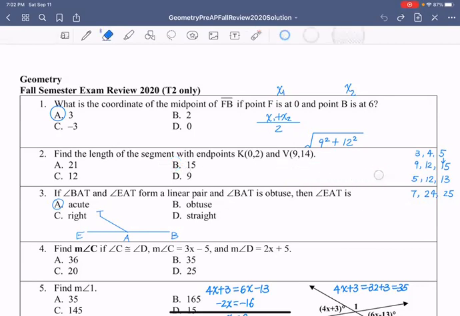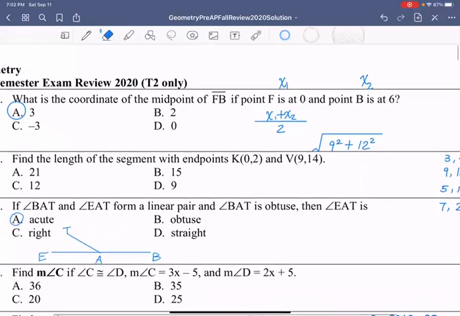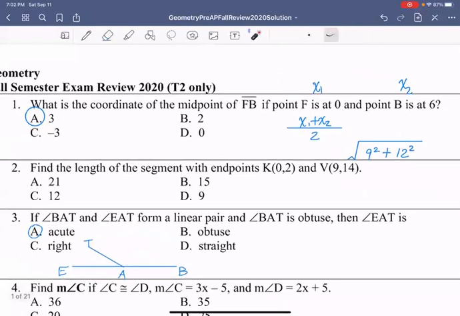Alan, look at number 2. Do you remember the distance formula? I think you do x1 minus... I forgot. Yes, very good. Based on this, can you plug in?